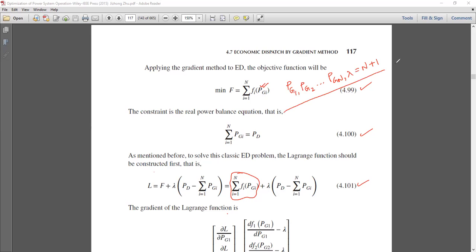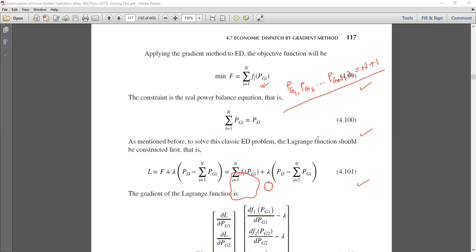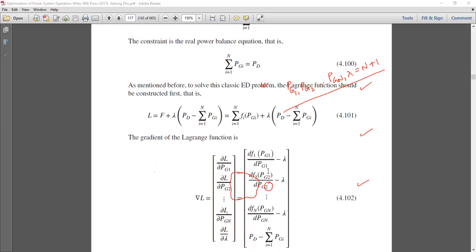So you see this is unknown sitting over here. You don't know this. So you have n plus 1 unknowns. When you calculate the gradient, how many entries will be there? N plus 1: n of them for PG1, PG2 up to PGn, and another one with respect to lambda. Clear?